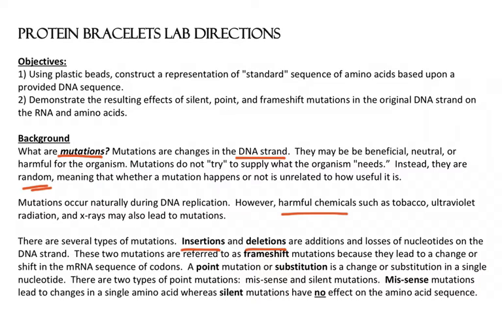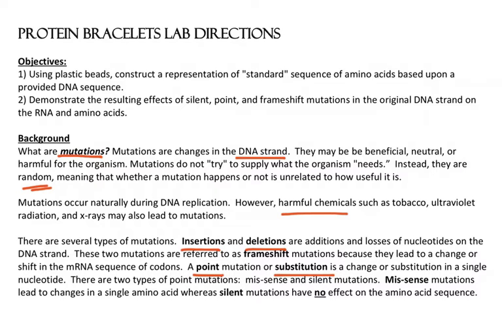These two mutations are referred to as frameshift mutations because they lead to a change or shift in the mRNA sequence of codons. A point mutation or substitution is a change or substitution in a single nucleotide.